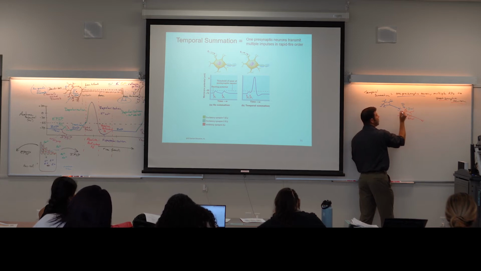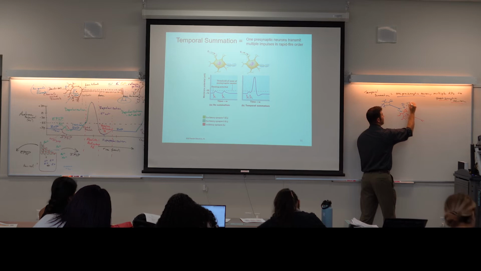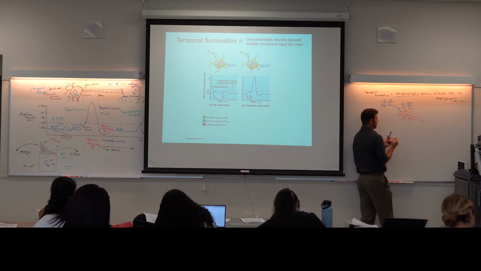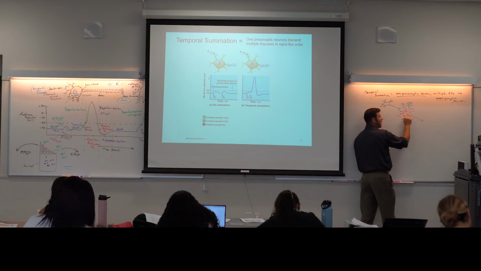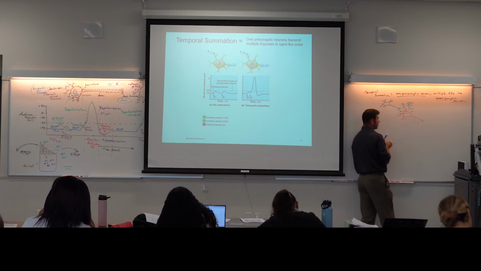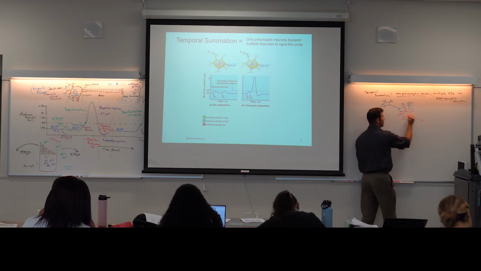If we have back-to-back 1, 2, 3 plus 5 millivolt signals, if they're back-to-back like that, bam, bam, bam, plus 5 millivolts 3 times in a row is going to get this cell to go from negative 70 all the way up to threshold of negative 55 millivolts.